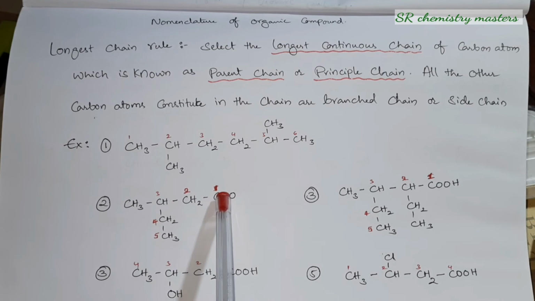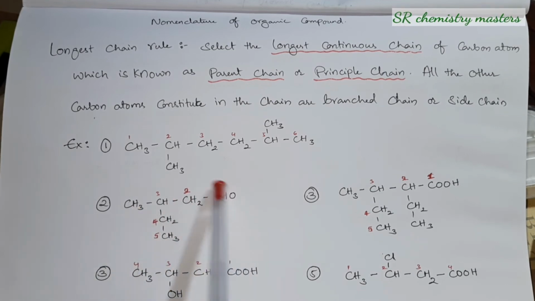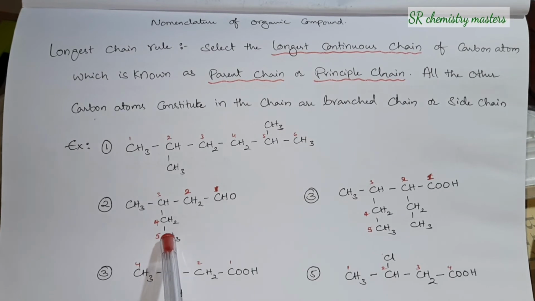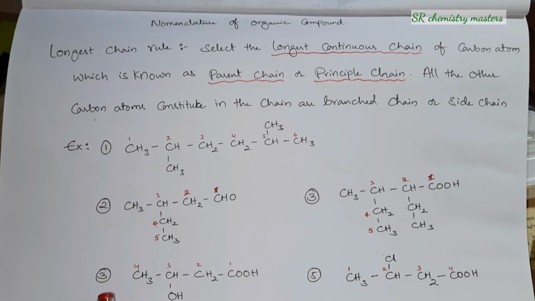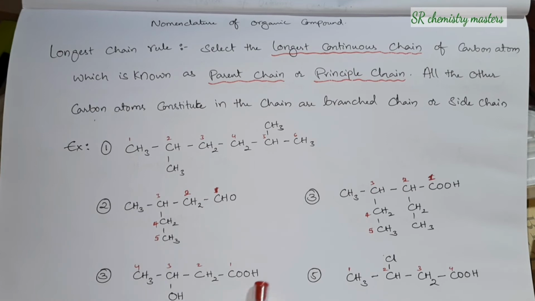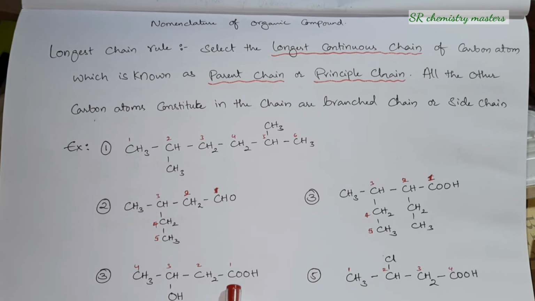This is the longest chain and this is the smallest chain, so we are going to consider this as the principal or parent chain. In a similar way, here we are going to consider 1, 2, 3, 4. Why are we considering this as the first carbon and this as the last carbon? Because this is the acid group, and the acid group should always be given the first number.